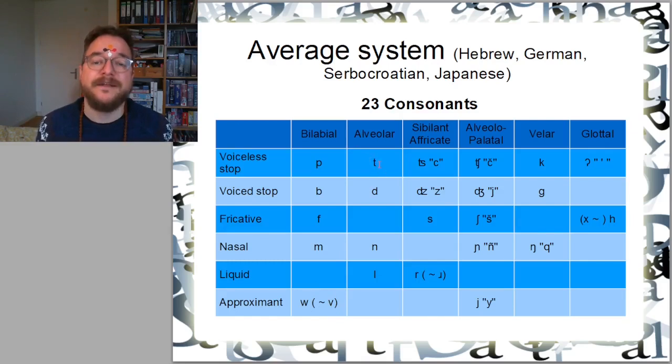Ta, ata, at, da, ada, ad, na, ana, an, la, ala, al. Then the sibilants, they are two affricates and then a simple fricative.